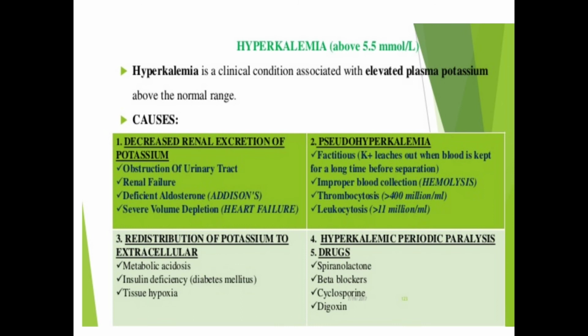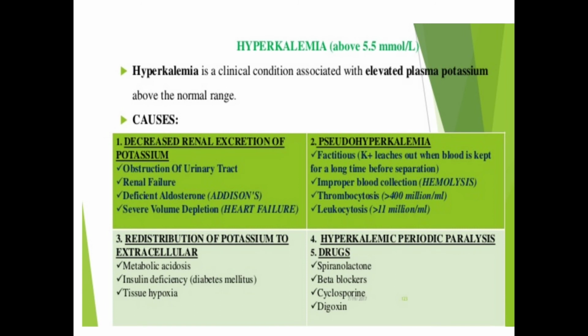Then there is pseudohyperkalemia, because pseudo means wrong, false hyperkalemia, that is factitious. Potassium leaches out when blood is kept for a long time before separation. This problem mainly comes up in blood transfusion in the blood bank. Improper blood collection causes hemolysis.